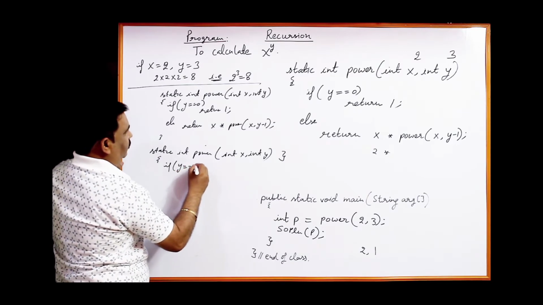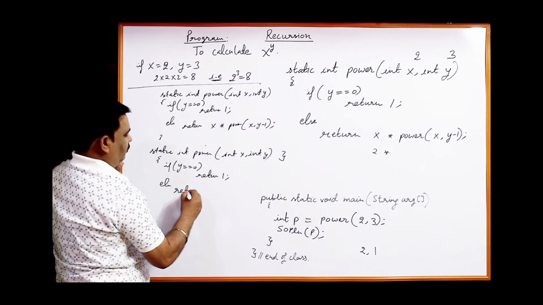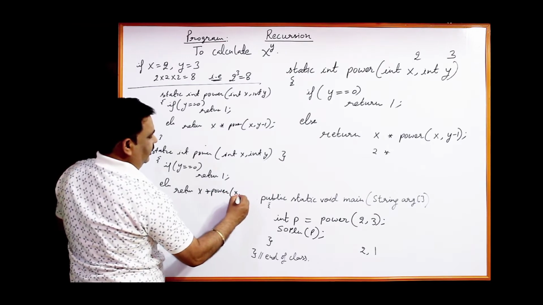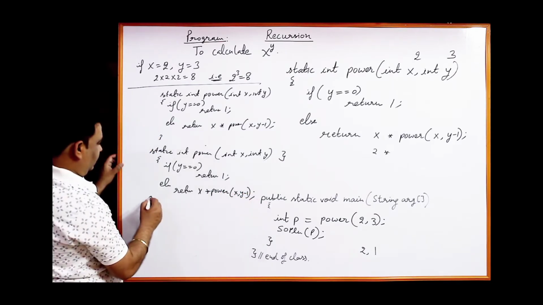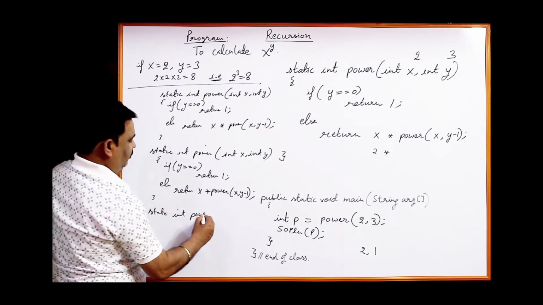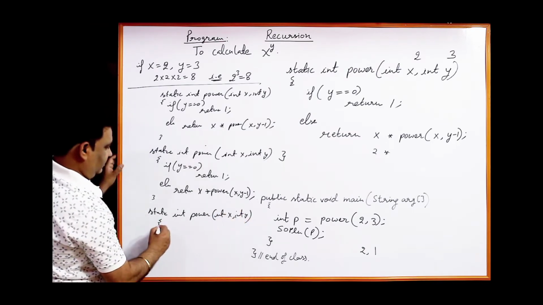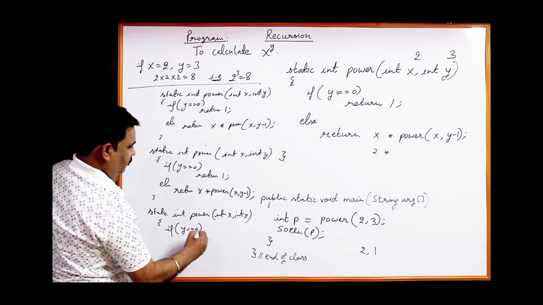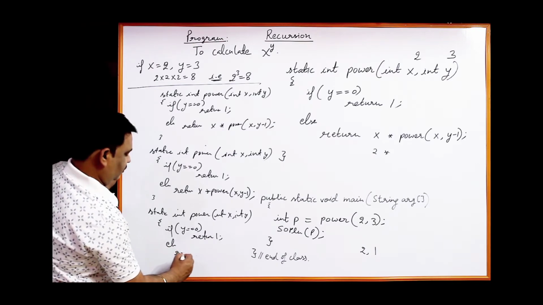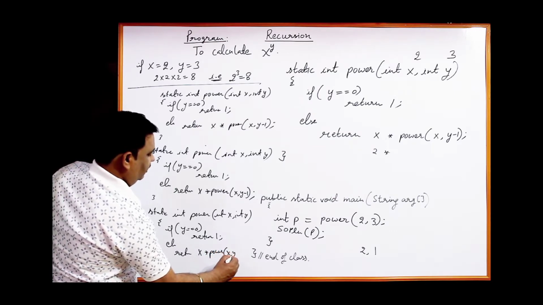If y is 0, return 1, else return x multiplied by the function call power(x, y minus 1).